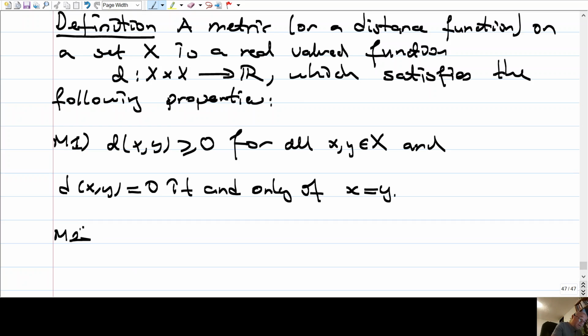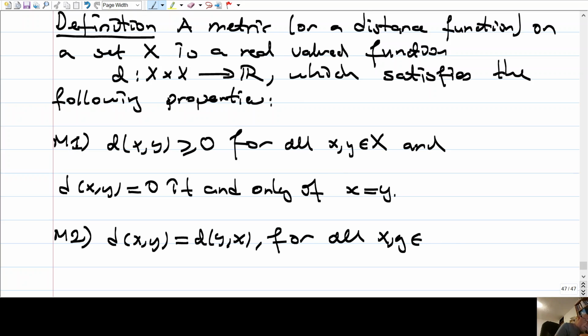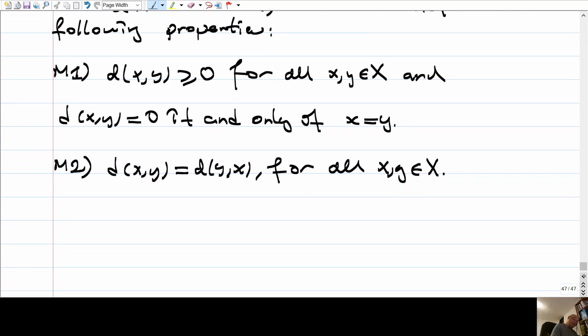The second property, or the hypothesis d should satisfy, is that it should be symmetric, right? Distance from x to y should be the same as the distance from y to x. So d(x,y) must be equal to d(y,x) for all x, y in X. Okay, this is the symmetry property of a metric.